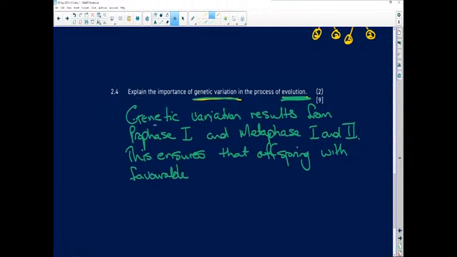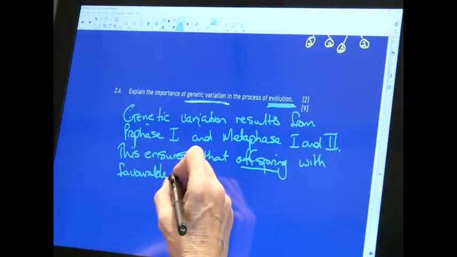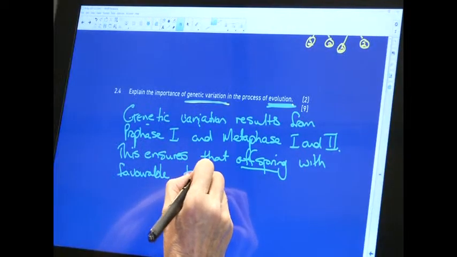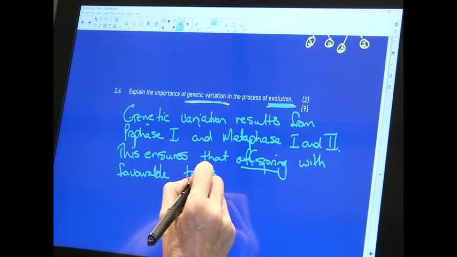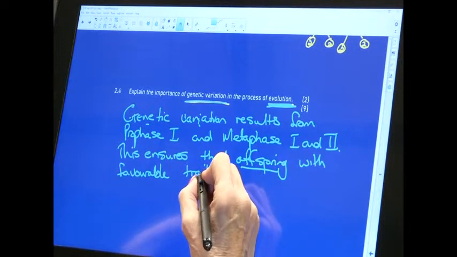So firstly, where does genetic variation come from? From prophase 1 and metaphase 1 and 2. Okay? And what does it ensure? It ensures that the offspring with favorable traits, you can always write traits instead of characteristics, it's the same thing.